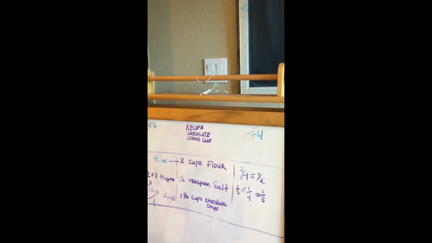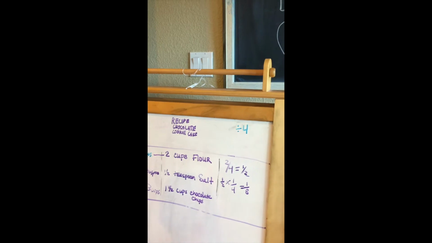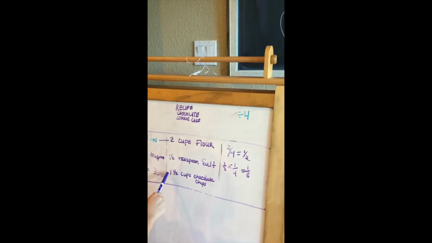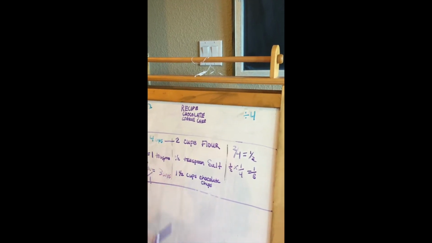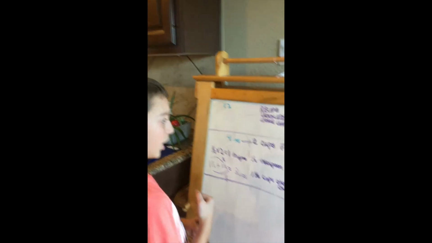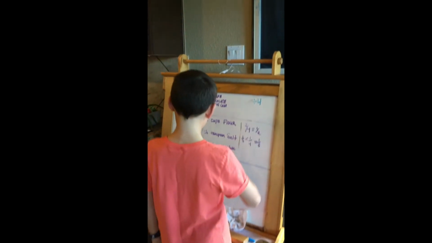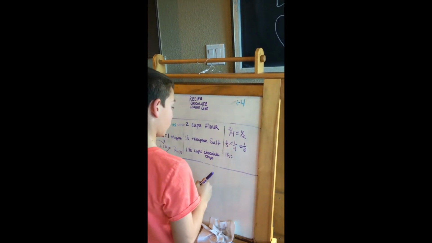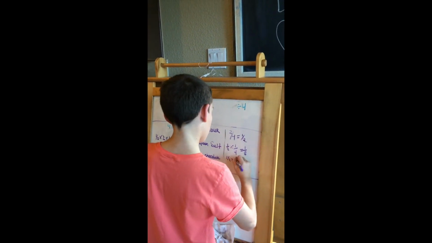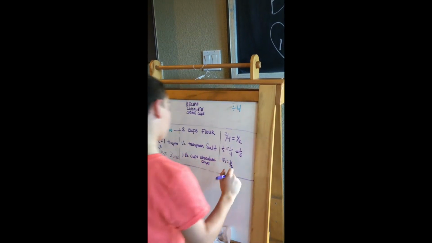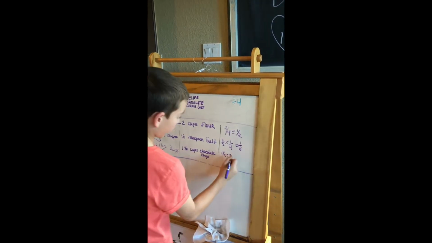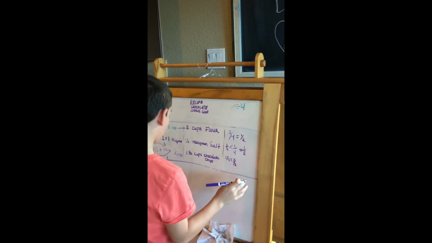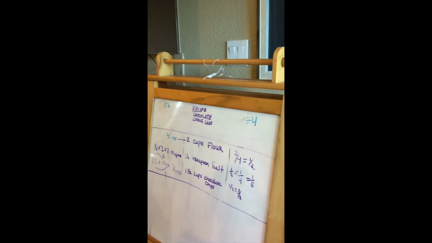And then for chocolate chips, you have a mixed number, so it's a lot harder because you have to make the mixed number into an improper fraction. So 1 1/2 equals 3/2, and then you can do the keep, change, flip.